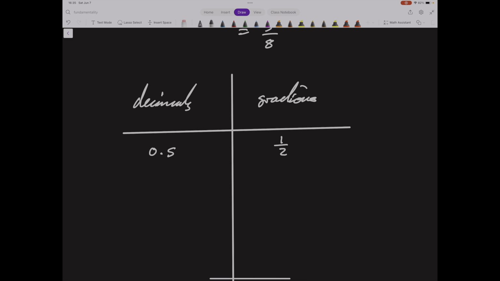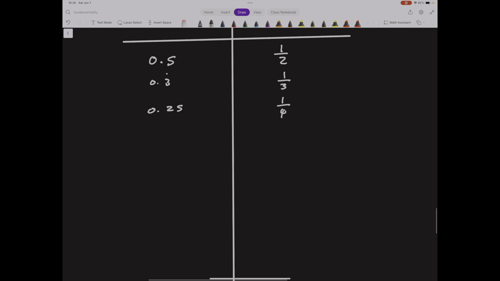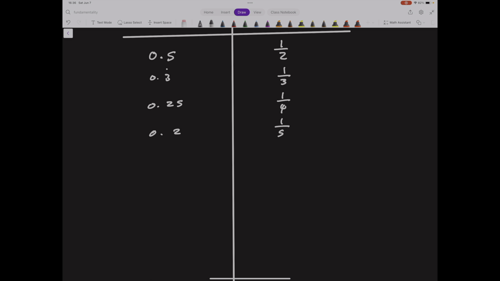So 0.5 is a half, we know this. 0.3 recurring is 1/3. 0.25 is 1/4. You know, it's fine if you don't have the sense to do this.